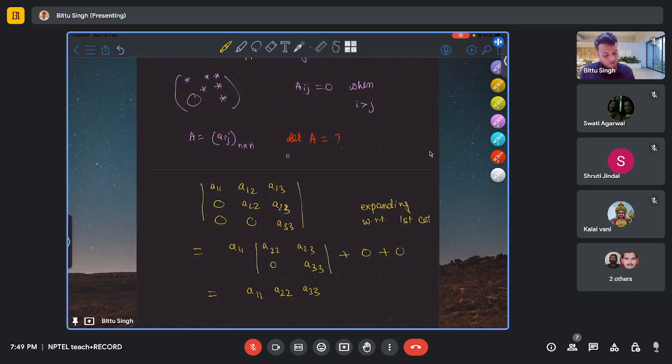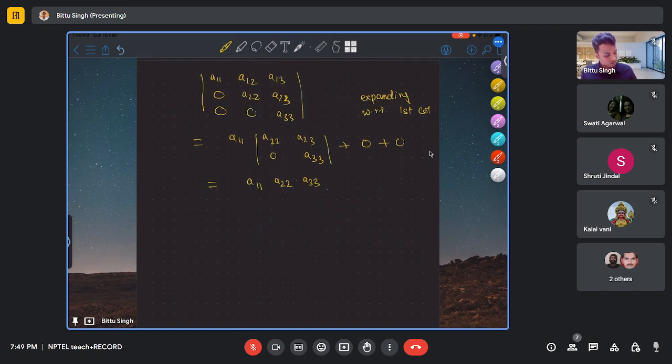And in general, for an n by n matrix, this will continue up to Ann. Therefore the determinant of A is A11, A22, up to Ann. So the determinant of an upper triangular matrix is the product of the diagonal entries.